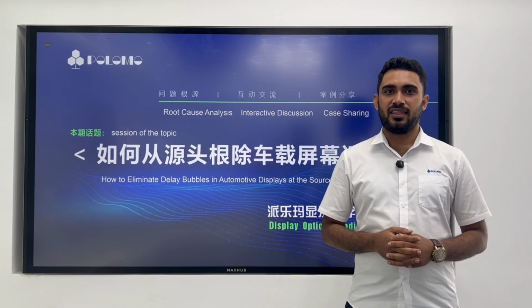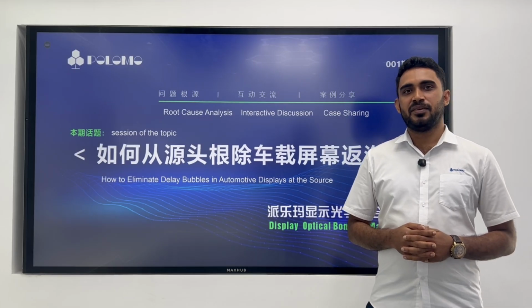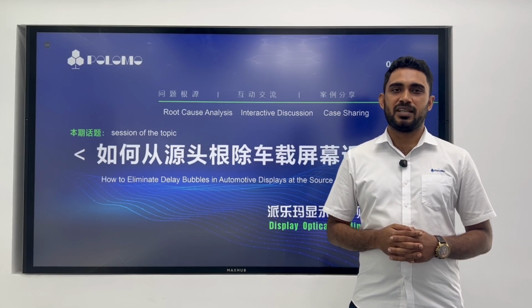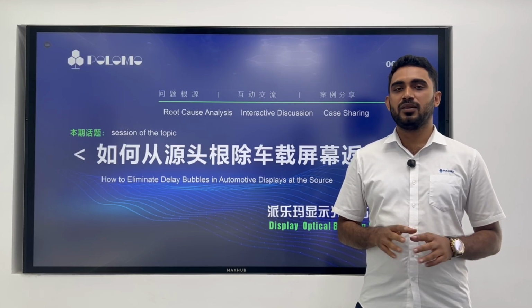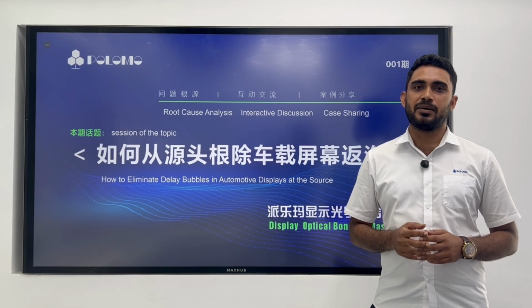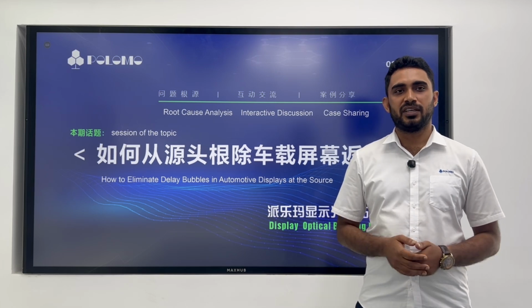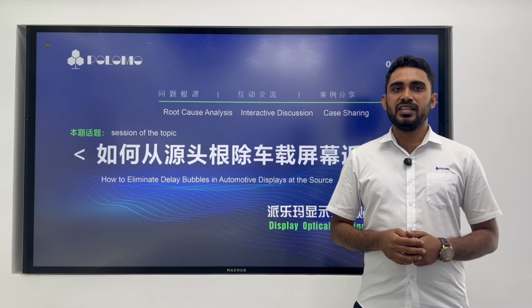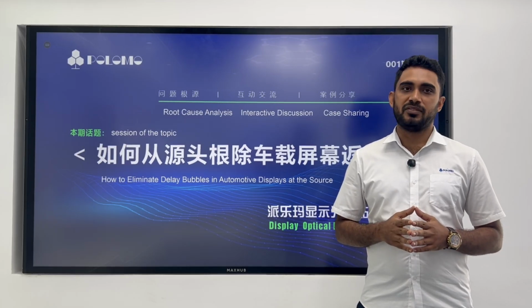Today's topic is one that troubles a lot of engineers and manufacturers: bubble rebound in automotive displays. You know the problem. You laminate a large screen, everything looks perfect, and then weeks or months later, bubbles come back, or we see delamination, mura, or yellowing. As the screen gets bigger and the bezel gets narrower, this issue becomes more painful.